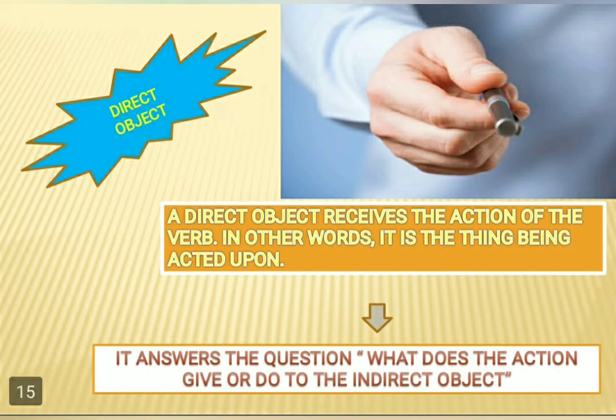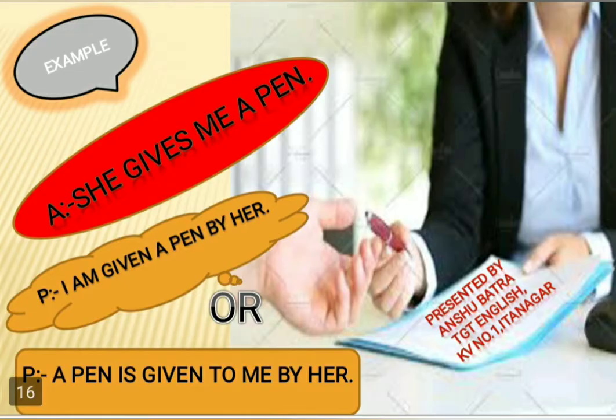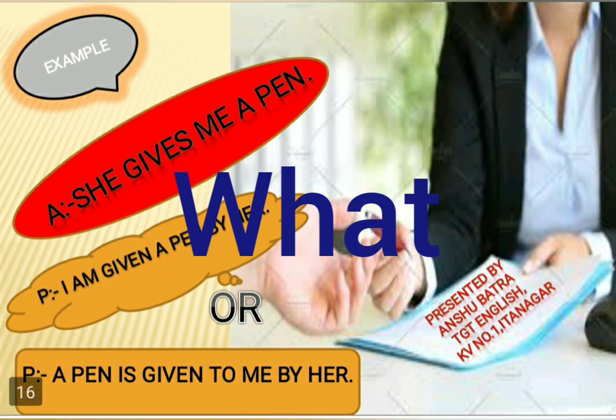Dear students, direct object always answers the question, what does the action give or do to the indirect object? Like if you again see this example, you see that she gives me. And what does she give me? A pen. So you got the answer. When you get the answer of the what question, you get direct object.